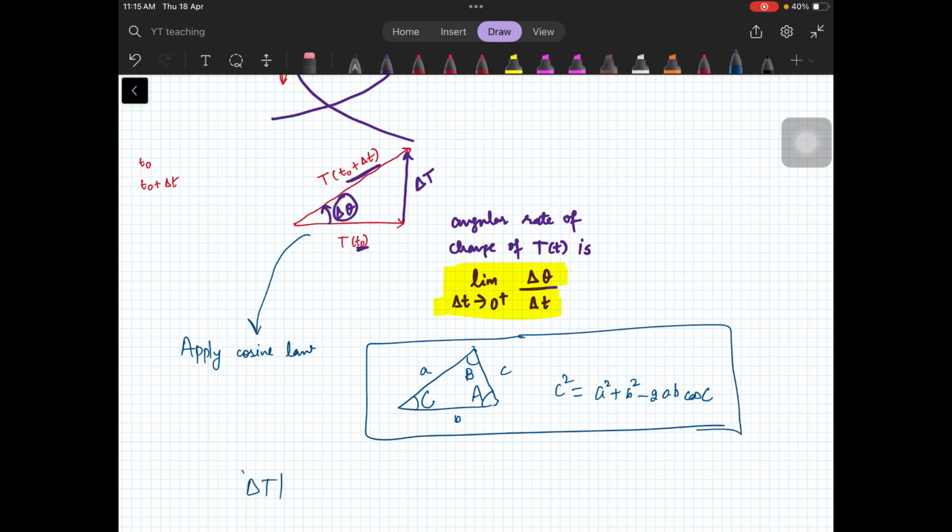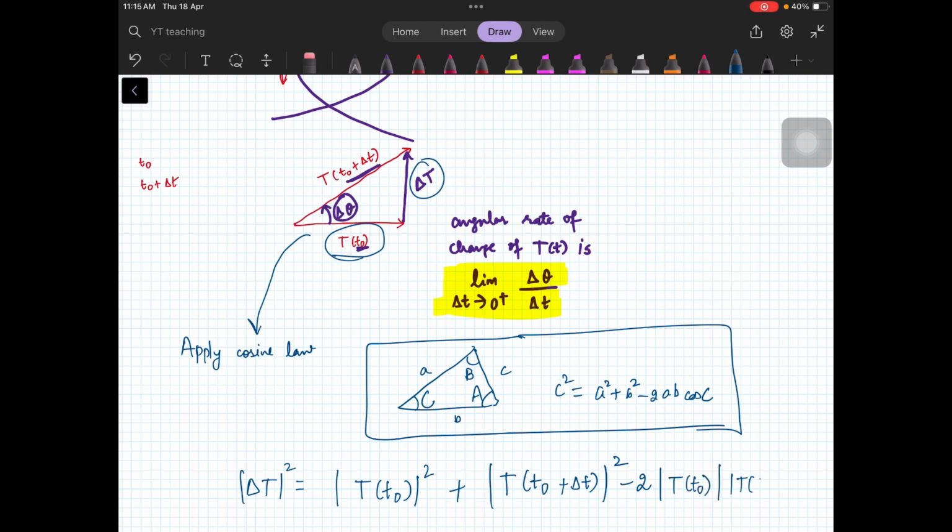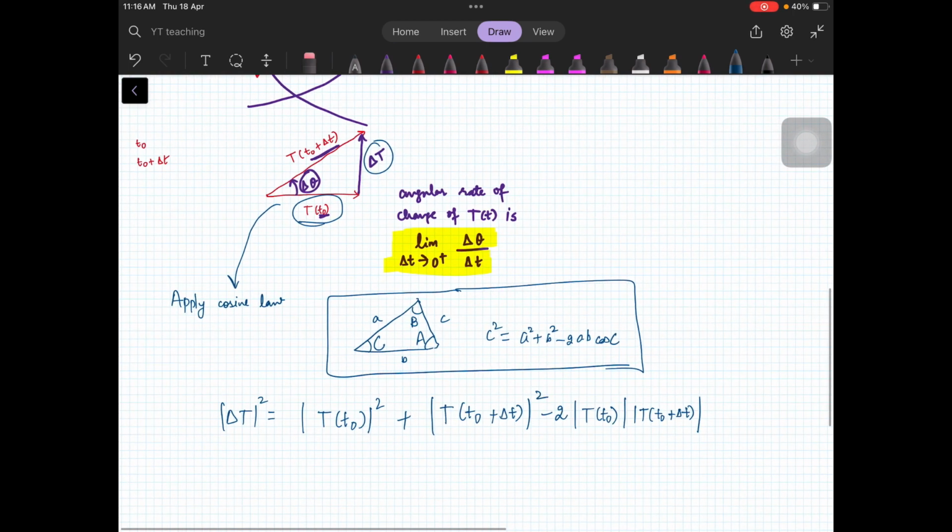Del t modulus square equal to, this is your C square, equal to A square, that will be T at t naught modulus square plus T at t naught plus del t modulus square minus 2ab, okay, modulus of T at t naught plus del t, and then cos of the angle between them, cos of del theta, right?